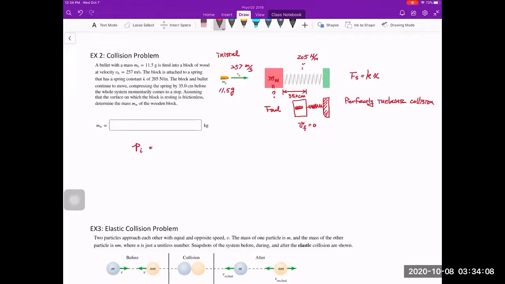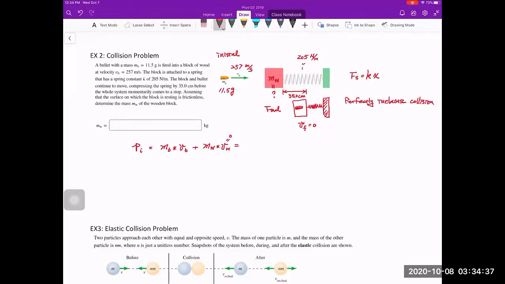The initial momentum is going to be the mass of the bullet times the speed of the bullet, plus the mass of the wood times the speed of the wood, and this is initially equal to 0. So our momentum initially is only just the bullet times the velocity of the bullet.